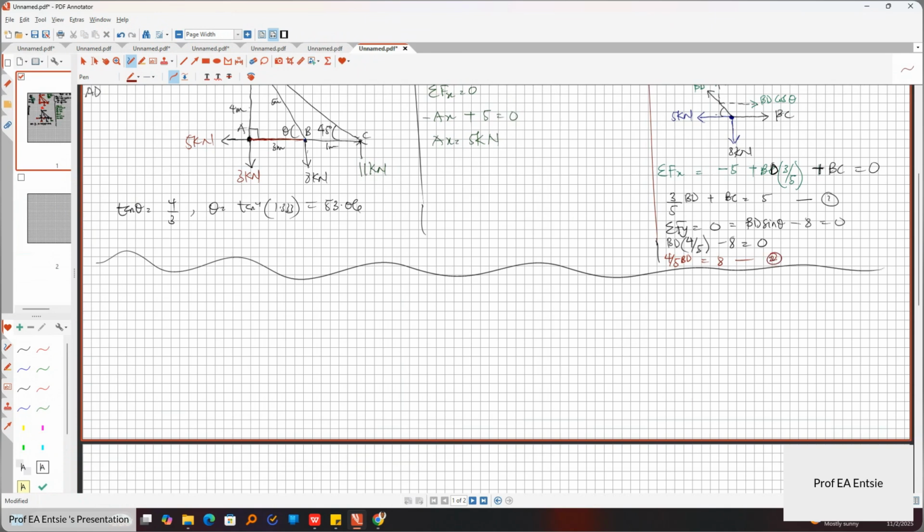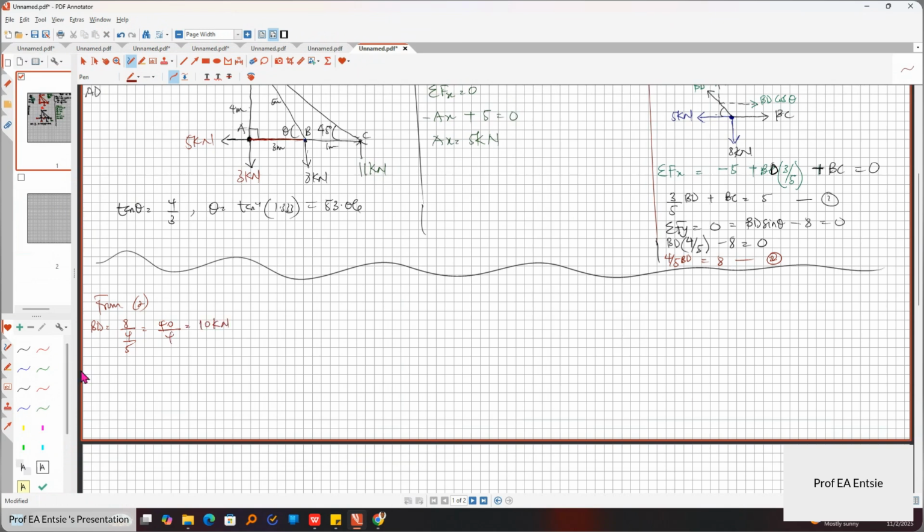Equation 2. Then if you have this equation, you can find BD. So from 2, BD will be equal to 8 divided by 4 on 5, which is 40 on 4. And that's 10 kilonewtons.